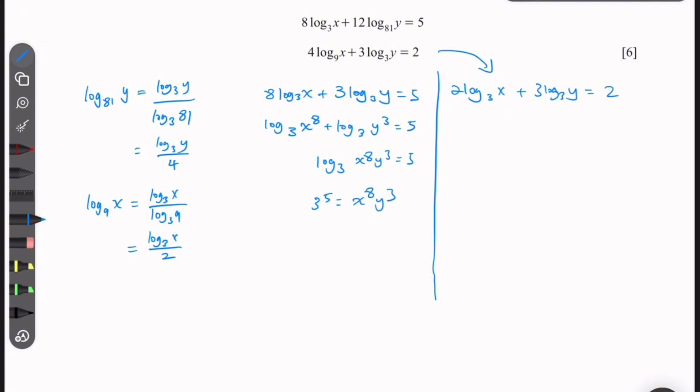Okay, so I'm rewriting this equation and then rearranging it.